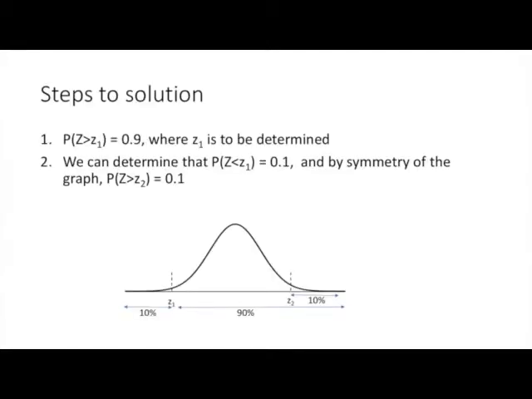And here are the steps to the solution. First, the probability of Z larger than Z1 equals to 0.9, where Z1 is to be determined. And next, we can determine that the probability of Z smaller than Z1 equals to 0.1. And by symmetry of the graph, the probability of Z larger than Z2 equals to 0.1.